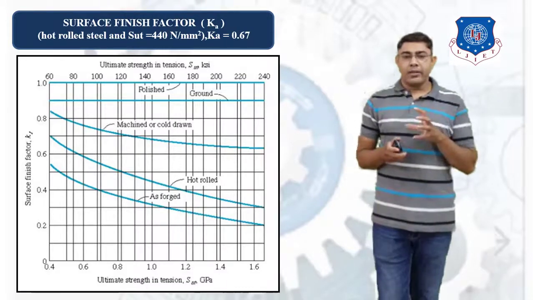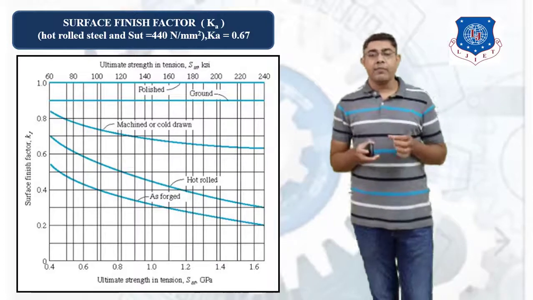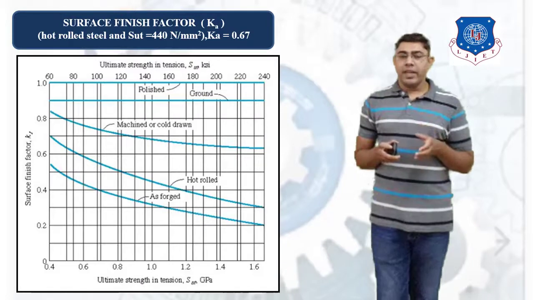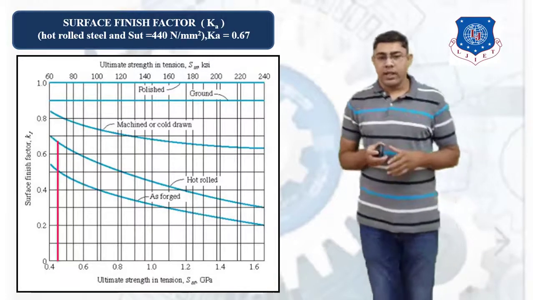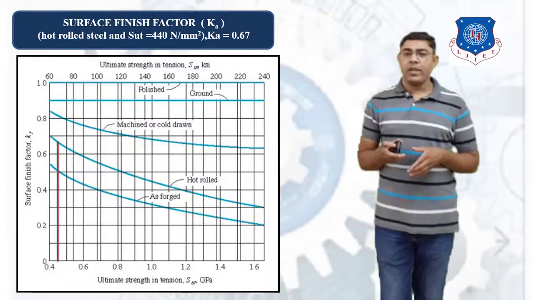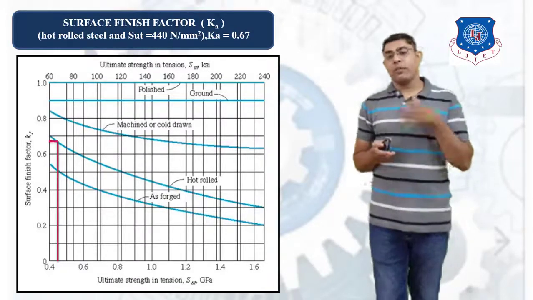To calculate Ka, we draw a vertical line at the 0.44 SUT value and extend it up to the hot rolled curve. From the intersection with this curve, we draw a horizontal line to read the value of Ka.